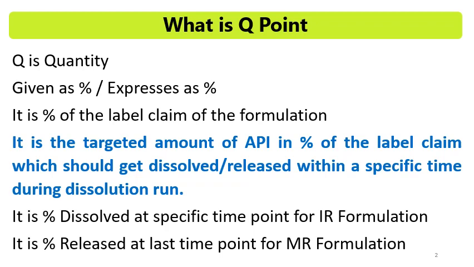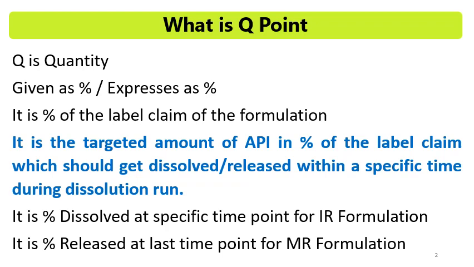In dissolution there are two things: how much API is getting dissolved or released, and at which time point it is getting released. And that's why there is a rate, the dissolution rate.